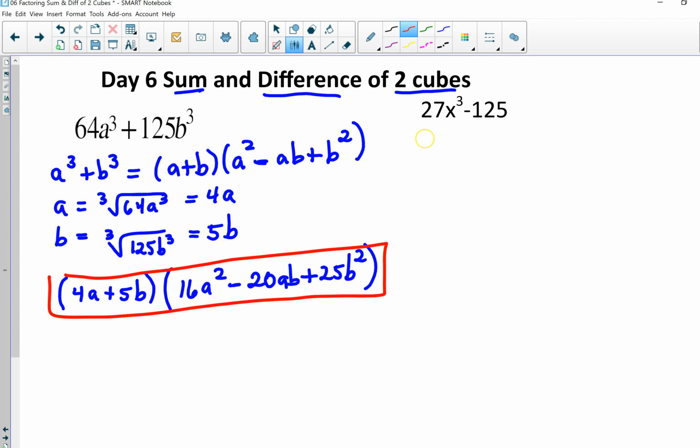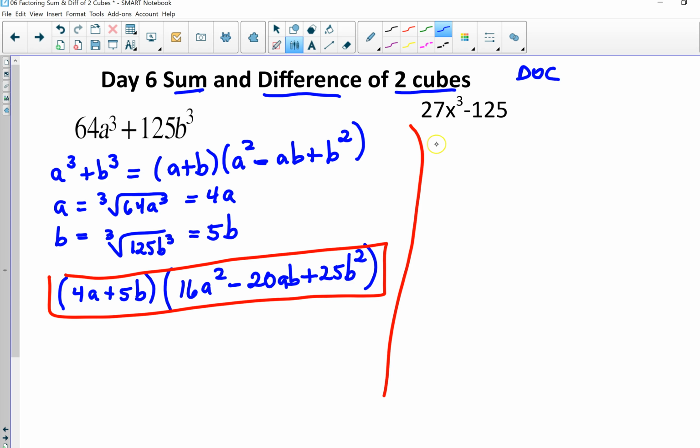For the second problem, again, we go ahead and take a look to see if there is any GCF, and there isn't. And we see that 27 and 125 are perfect cubes, x cubed as well. And in this case, we see a minus in between. So this meets the conditions of difference of two cubes, or DOC.